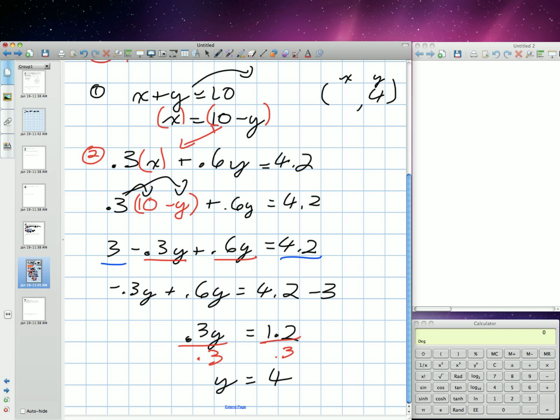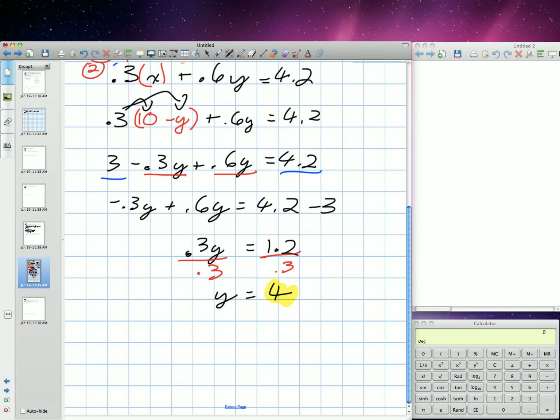To finish off substitution, what do I need to do after? I need to solve for x. So I need to plug this 4 value back into one of the equations. Does it matter which equation? No, as long as it's one of the 2 equations we started with. Which do you guys think will be the easiest to plug this into? The first one, it's really straightforward. So we're going to plug that right back into the first equation.